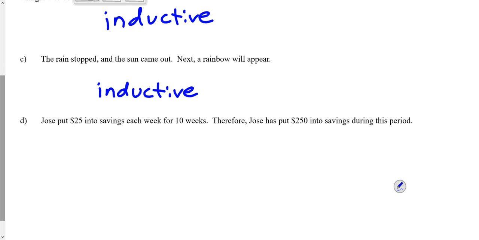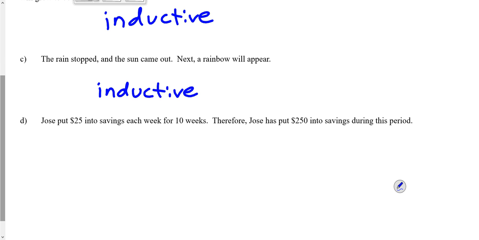All right, letter D, example D. Jose puts $25 into savings each week for 10 weeks. Therefore, Jose has put $250 into savings during this period. All right, we know Jose put $25 into savings each week for 10 weeks. So let's do some math and figure out how much that would be. $25 times 10 weeks will give us $250.